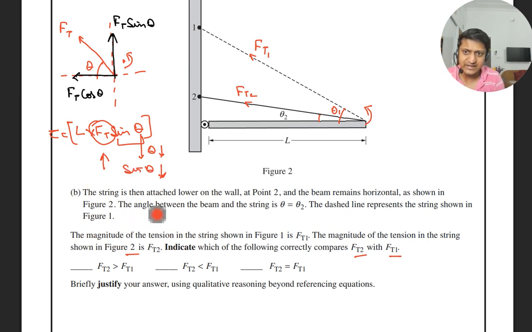So as theta 1 is greater than theta 2, the force Ft2 will be greater than Ft1. So this will be the right answer, and for the explanation, you can write like this.